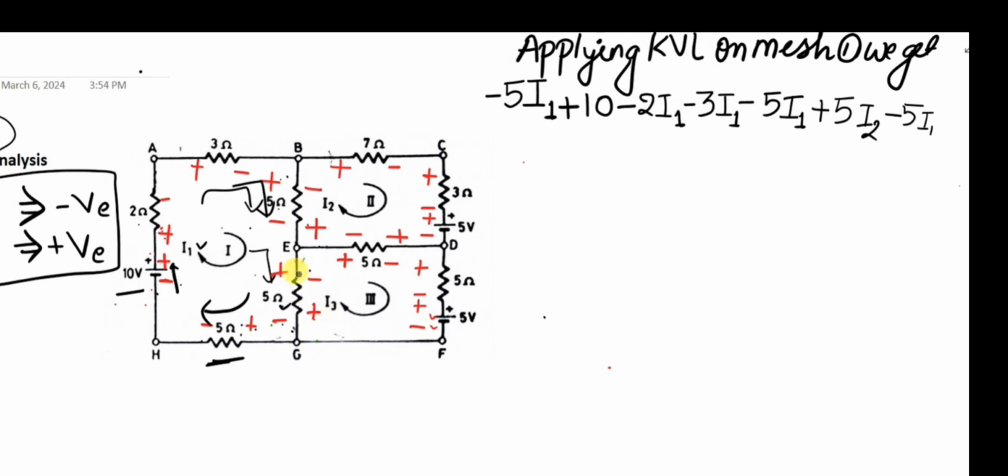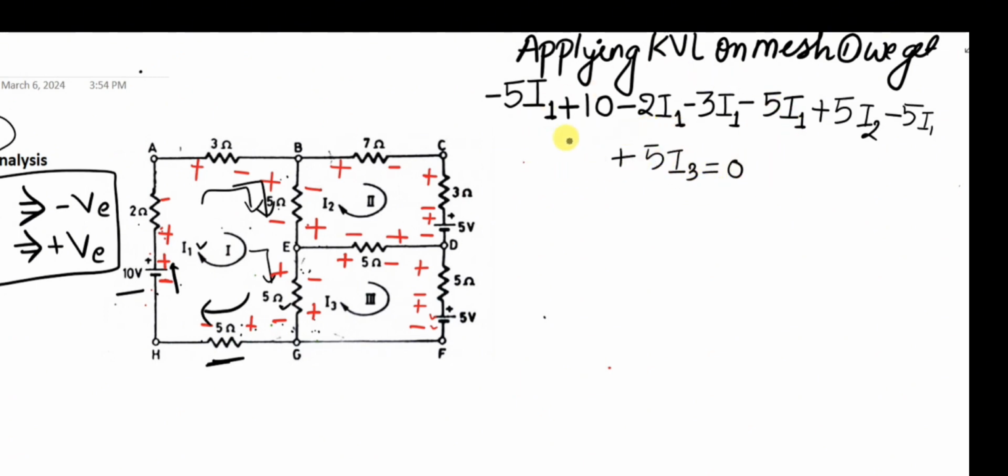So don't get confused: you have to see the direction of the mesh in which you are applying Kirchhoff's voltage law and the sign of the opposite mesh. So we find plus 5I3 is equal to 0. So this is the Kirchhoff's voltage law equation.